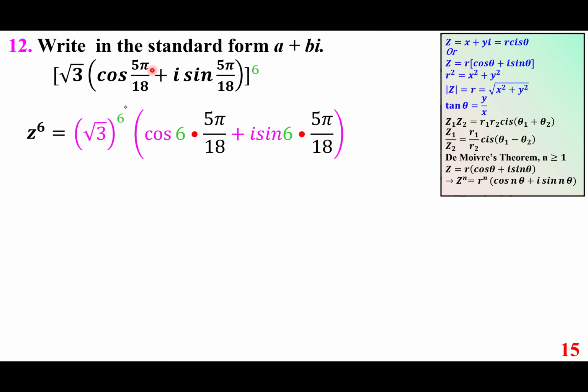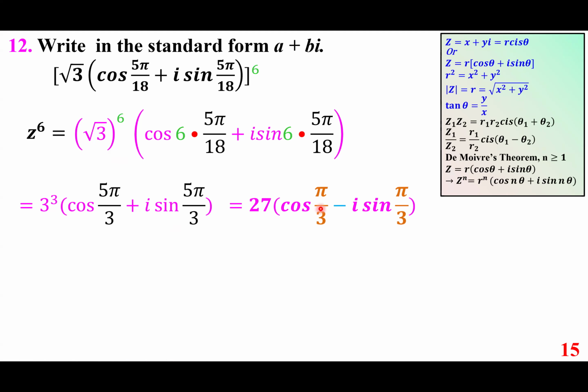Now, square root of 3 to the power of 6 is 3 cubed. 6 cancels out the 18. 6 goes away. This becomes 3. So we have 5 pi over 3. 3 cubed is 27. 5 pi over 3 is in the fourth quadrant, cosine is positive, the same as cosine of pi over 3, but sine is negative.